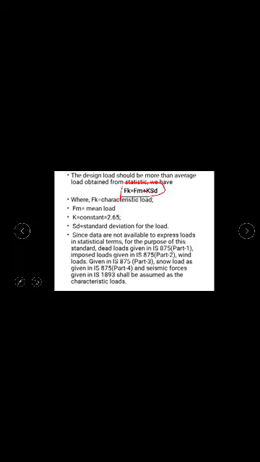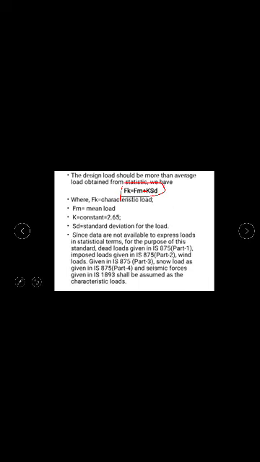Fm plus K into SD, where Fk stands for characteristic load, Fm stands for the mean load, and K is the distance between the mean and the design load, that is 1.64 sigma. And now you can see the constant is 2.65 and SD stands for the standard deviation.